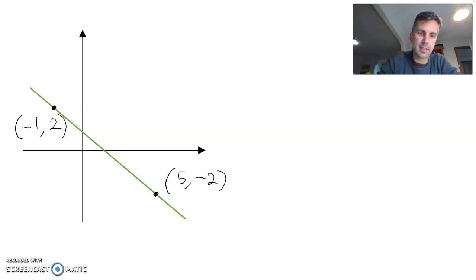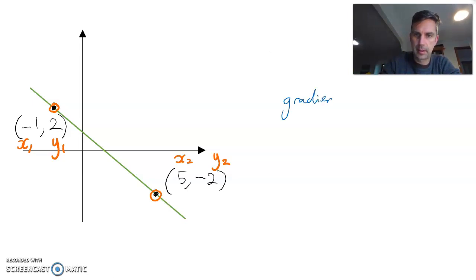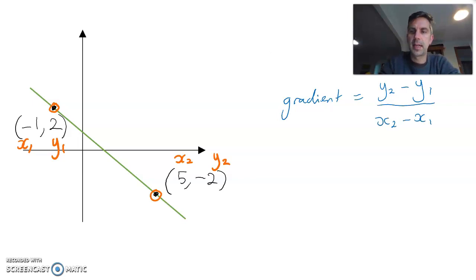So I'm going to do the same thing I did before, and I'll start with the point on the left, and I'm going to call that x1 and y1, and then this point here on the right, that's going to be x2 and y2. And then if we write out our formula again, I haven't copied it down from above, it was y2 take y1 all divided by x2 take x1.